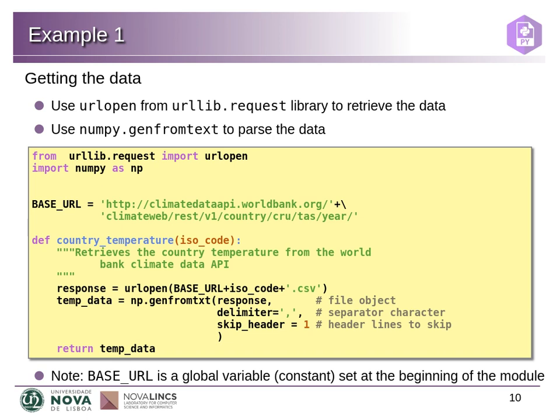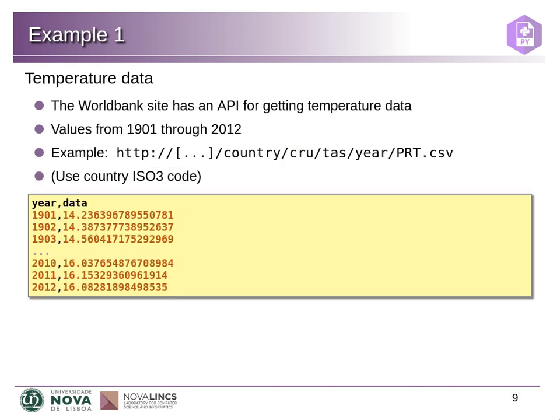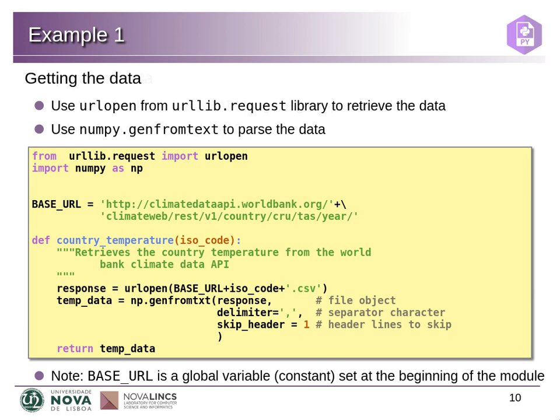And I'm going to create here the global variable that I'm going to use as a constant for storing this long URL, which is the base URL, the part that comes before the ISO code of the country, and it's always the same for all the countries. So it's useful to do it this way.